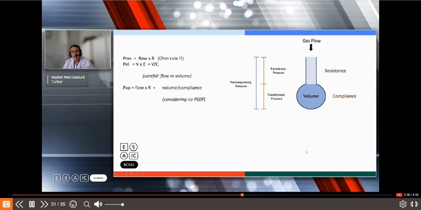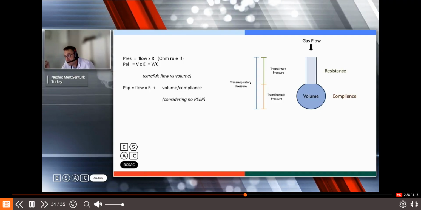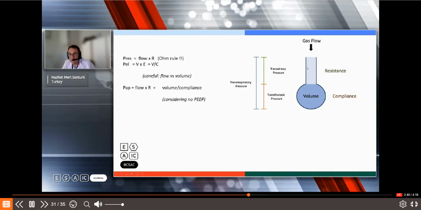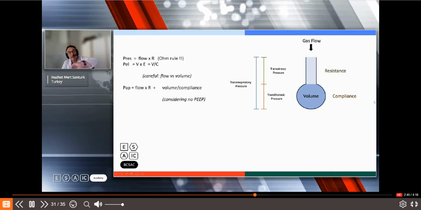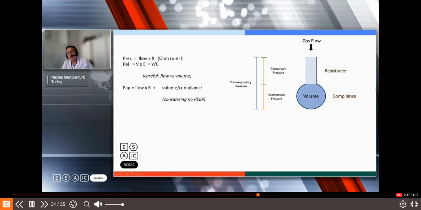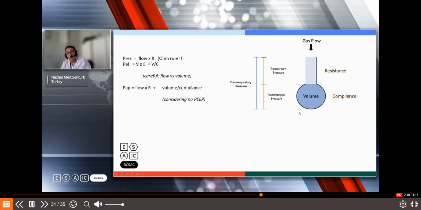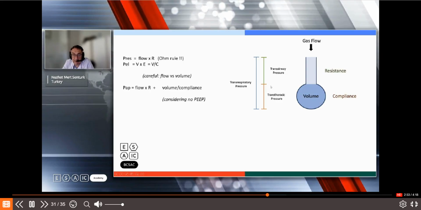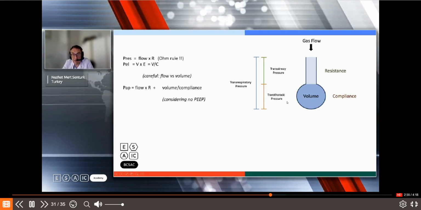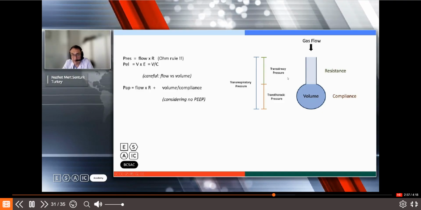This is the case if we have a restrictive lung disease. Remember, for the resistance, we were talking about obstructive lung disease. In the restrictive lung diseases, the compliance is lower, and therefore here we have to deal more with the transthoracic pressure instead of the transairway pressure.